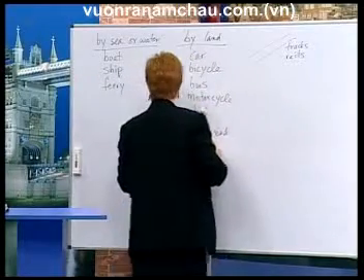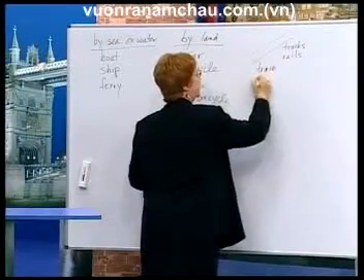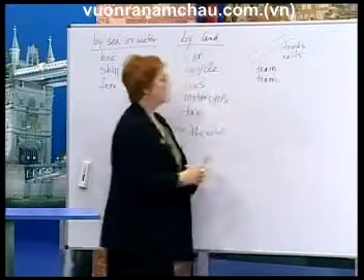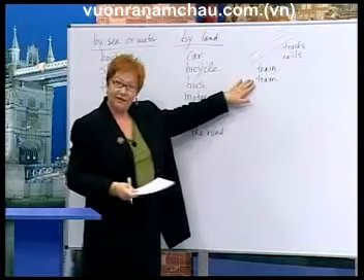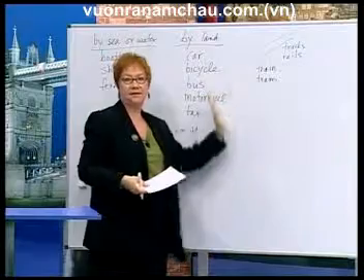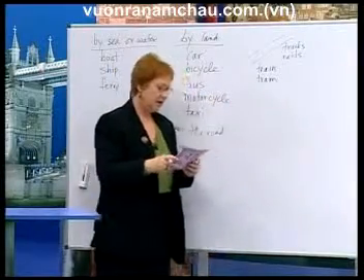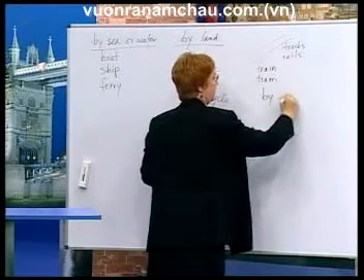Now, what are they, Isabel? They are trains or trams. Yes, trains or tram. Usually a tram is in the city, on the streets maybe, and a train goes between cities.